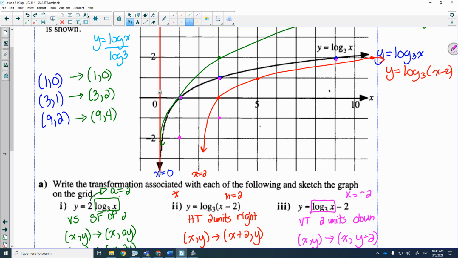And this guy would go here. Connect those dots with a smooth curve. And that would be the graph of y is equal to the log base 3 minus 2. So outside of the function, I subtract a 2.